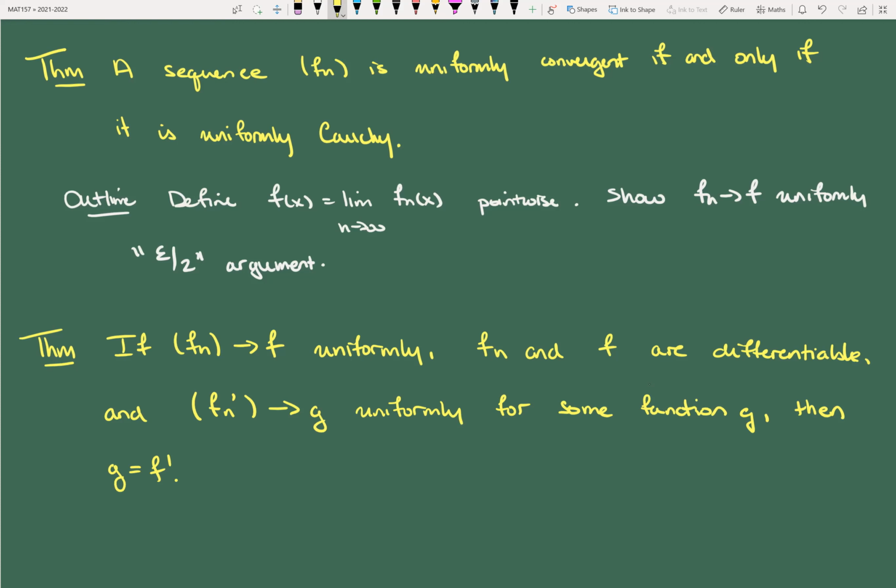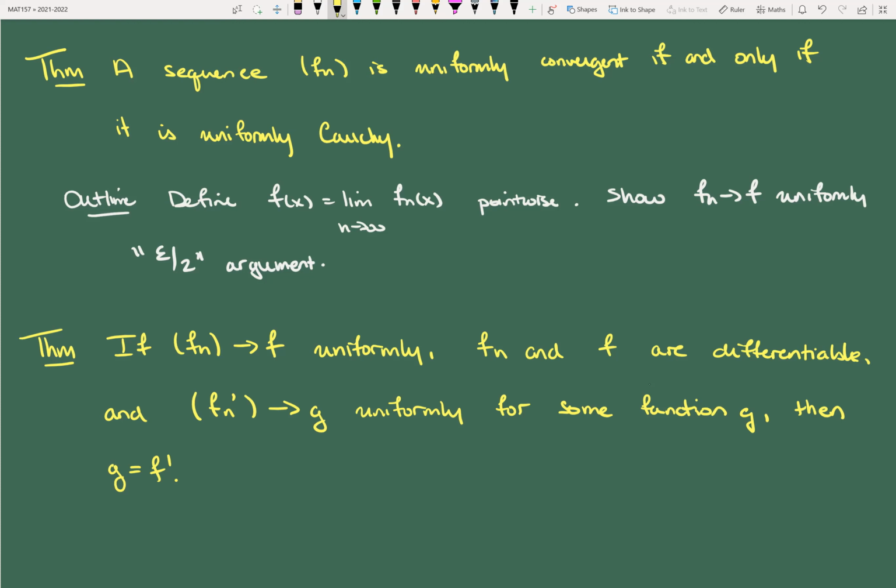So we've got a whole whack of hypotheses in order to make differentiability be preserved under uniform convergence. We have to assume Fn converges to F uniformly. Everything there is differentiable. And then the derivatives also converge uniformly to something, and you don't care what that something is. That's something we were missing in each of the previous two examples.